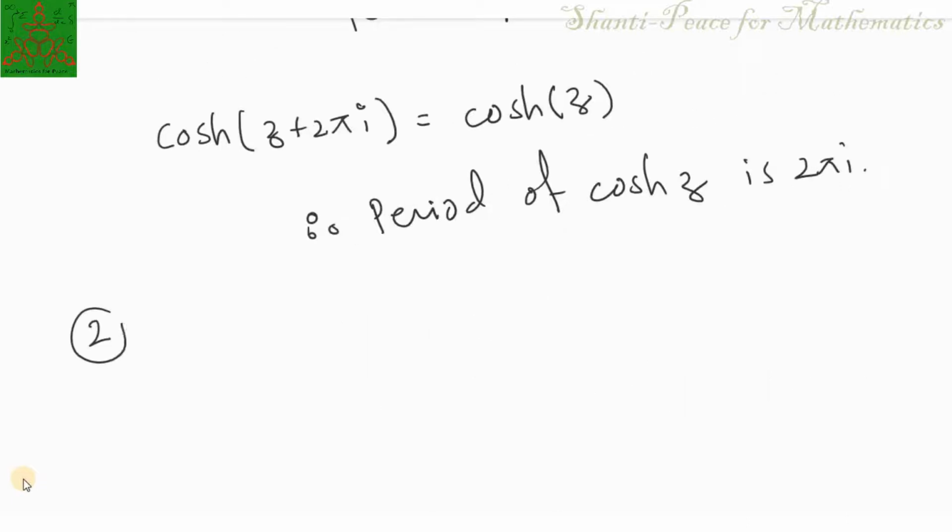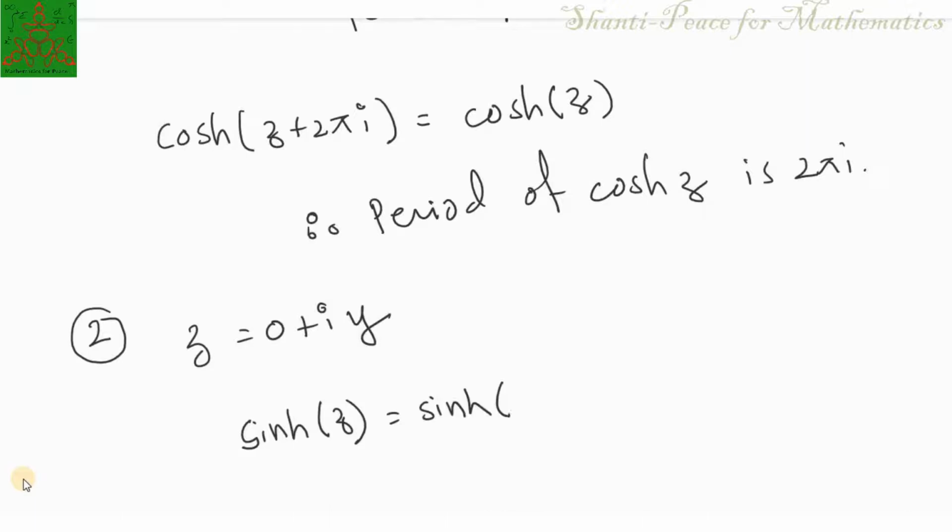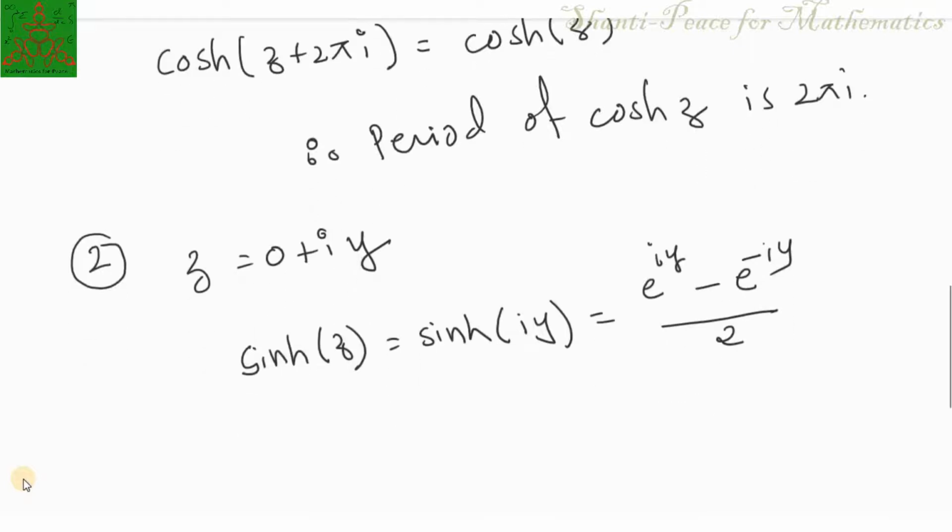The second property that we can consider: if z is equal to iy, that is 0 plus iy, then what will be the sine hyperbolic of z? Then sine hyperbolic of z will be sine hyperbolic of iy, and if you use the definition of hyperbolic function, this will be (e power iy minus e raised to minus iy) upon 2. And just recall my previous lecture how we defined the sin z function.